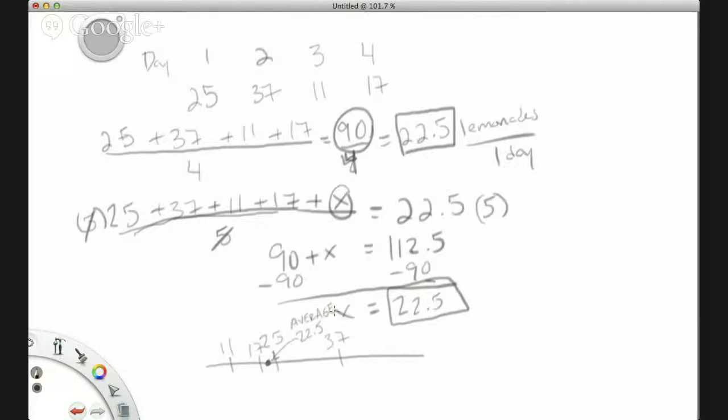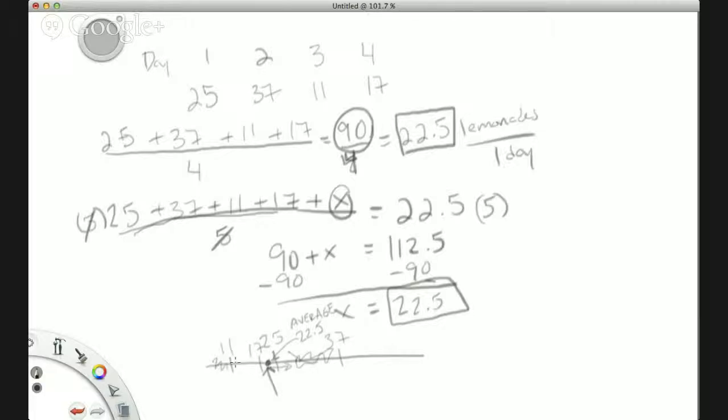Okay, so we've got a data set, and let's say we pose the same question: how many lemonades does he need to sell on the 5th day to maintain that average? Well, it's not very difficult to see that he needs to sell the average number to maintain that average. If you're trying to maintain this average on this number line, it can't be anything over here, because that would pull the average this way.